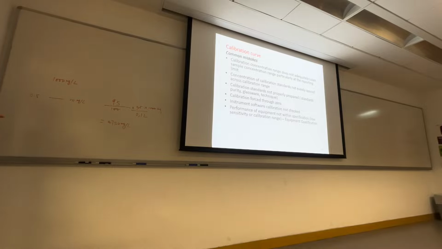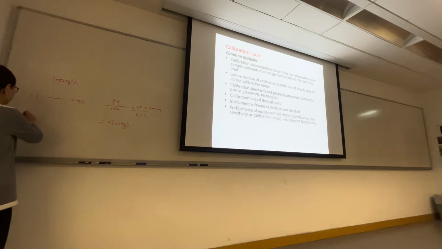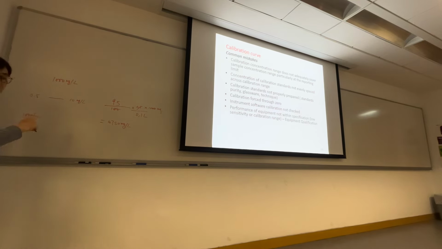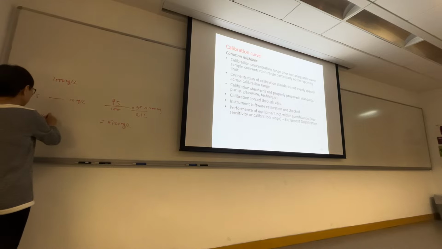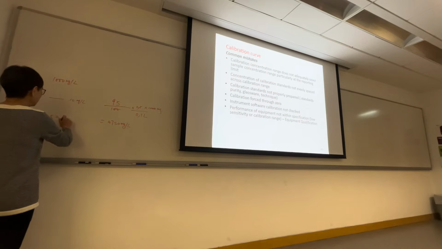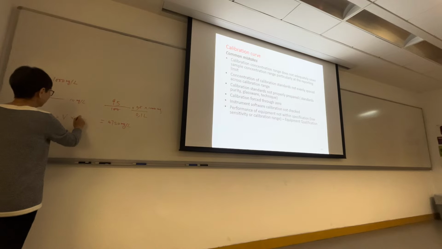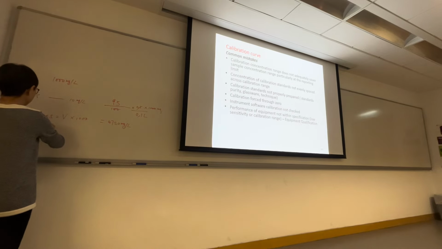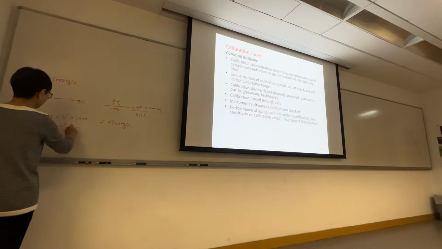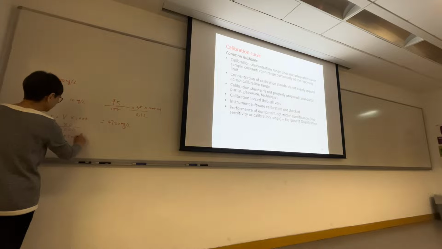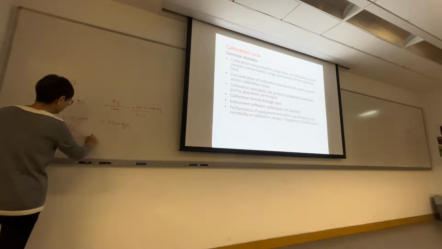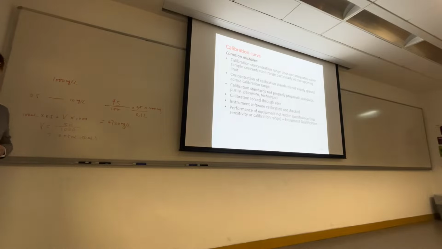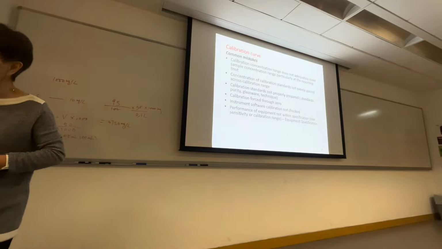The final volume, assuming 100 ml: 100 ml times 0.5 is equal to V times 1000. V is equal to 50 over 1000, then 0.05 ml, that is 50 microliters. 50 microliters is still achievable.